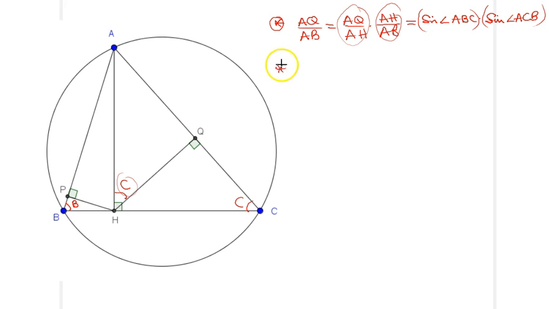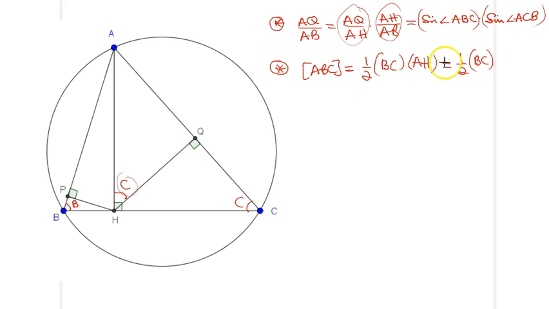So now let's start with the following observation. Notice that I can represent the area of triangle ABC as 1/2 times BC times AH, the height, and as I said earlier, it's given in the problem that AH is equal to √2 times AO, or √2 times R, where R is the circumradius.